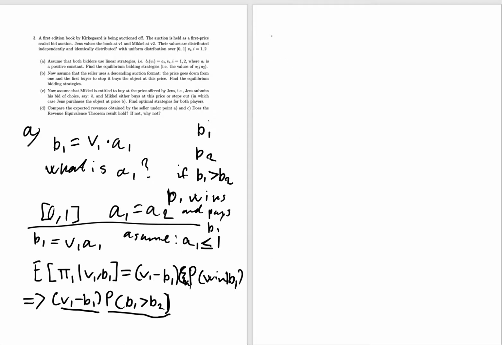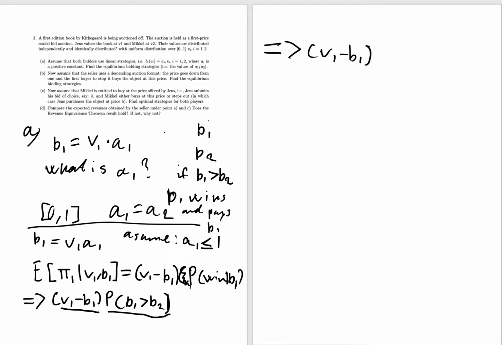Okay, but we cannot calculate it yet. We need to get a form where we'll be able to maximize this formula. So we need to keep expanding on it for just a little bit more. So what we're going to do now is assume that the bidder behind bid 2 uses a linear strategy.